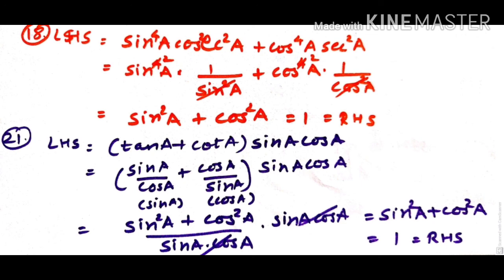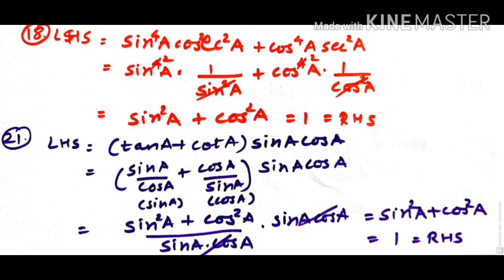Now let us see question number 21. Left hand side is equal to tan a plus cot a into sin a cos a. Now the value of tan a, that is our quotient relation, is sin a by cos a, and cot a is cos a by sin a. So we placed in the bracket the values of tan a and cot a. Then you have to take the LCM in the bracket to solve.